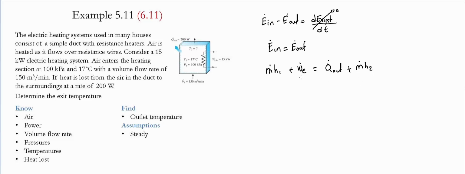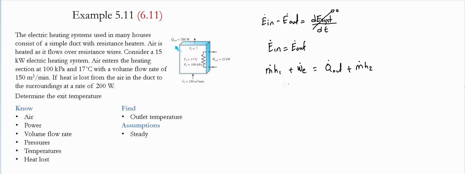Notice the information that we have is the power and the rate of heat loss, and we also know the inlet temperature, so we can calculate the enthalpy. What we need to look for is the energy leaving, which is going to give us the exit temperature.